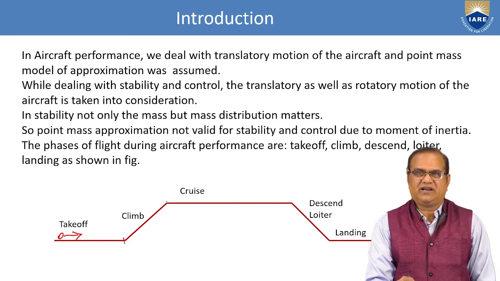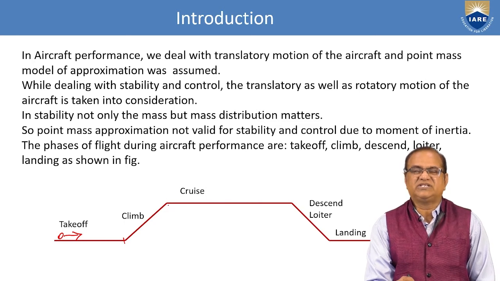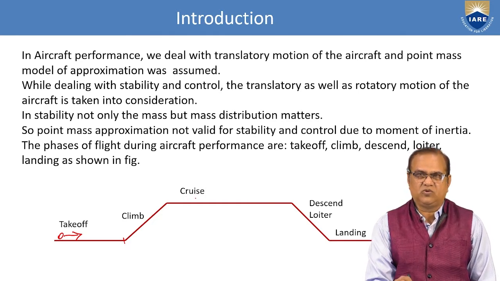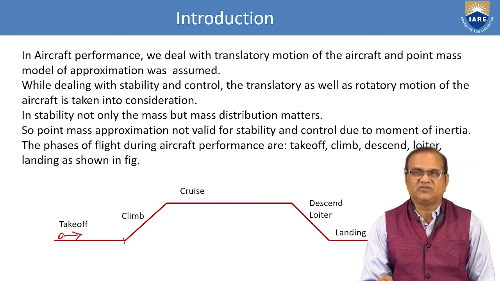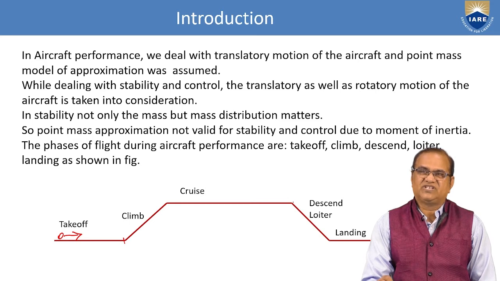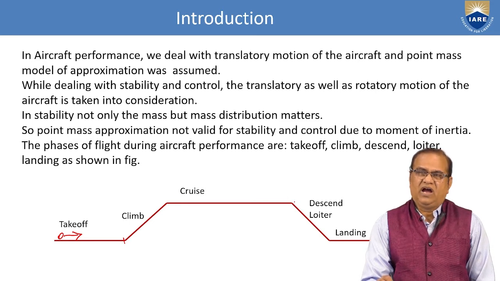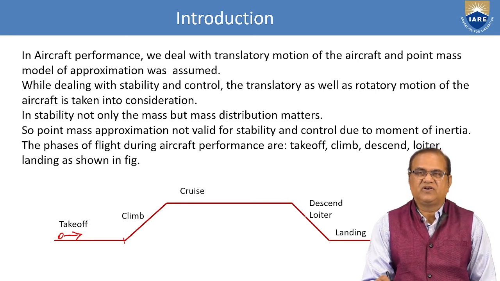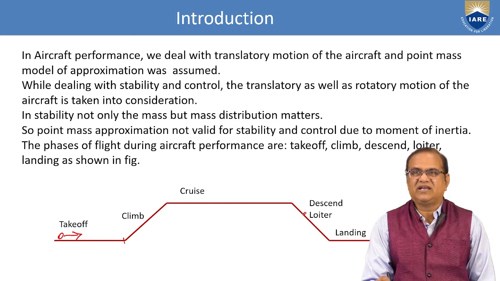Till the point where the aircraft is flying in steady state at constant altitude with constant speed, that phase of the flight is known as cruise. After reaching near the destination, the aircraft starts coming down, and if the runway is not clear, the aircraft will start loitering on the circuit of the runway.